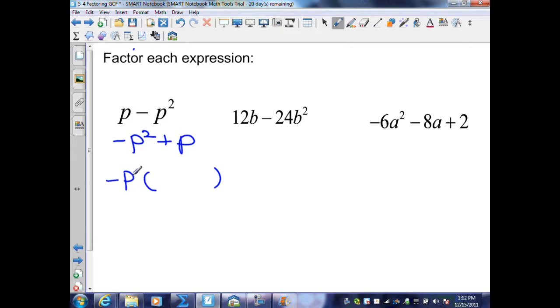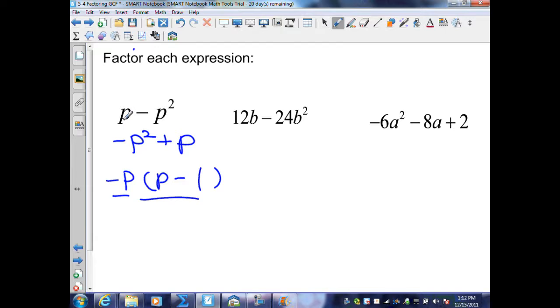P squared divided by p is p. Positive divided by a negative is negative. P divided by p is 1. Product of its factors, 2 terms on the inside, 2 terms that I start with. Let's distribute to check. Negative times a positive is a negative p squared. Negative times a negative is a positive p.